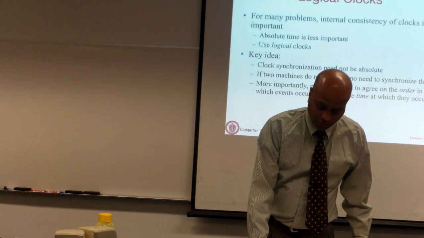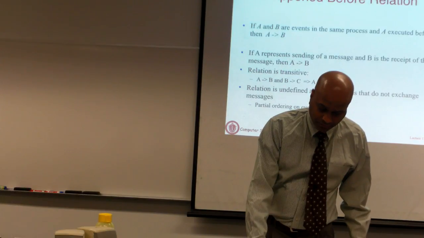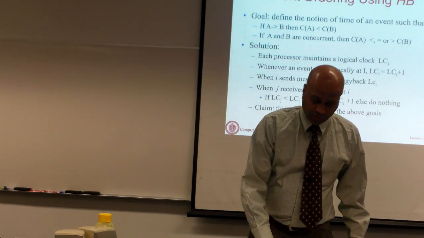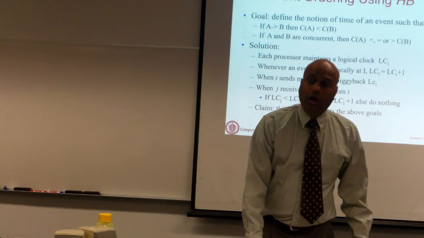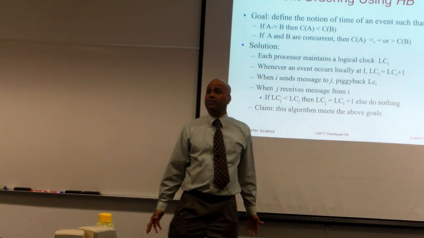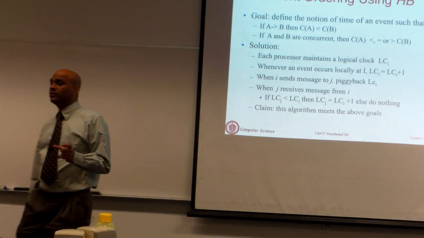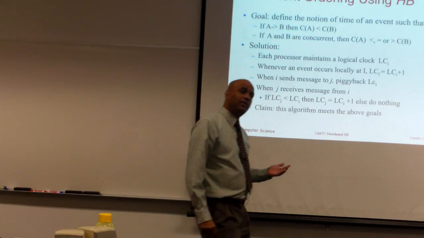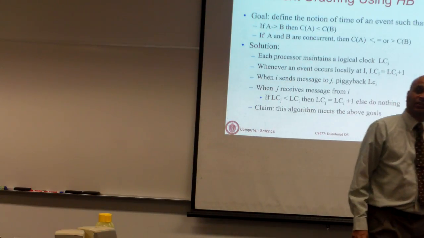Just to go back to the idea of logical clocks, or Lamport's clocks as they are also called, I explained how you can timestamp events. Every process i has an integer. Every time a local event occurs, you increment the integer by 1.